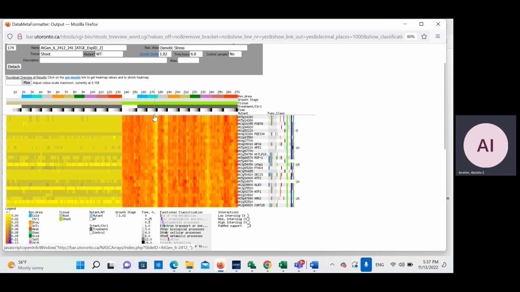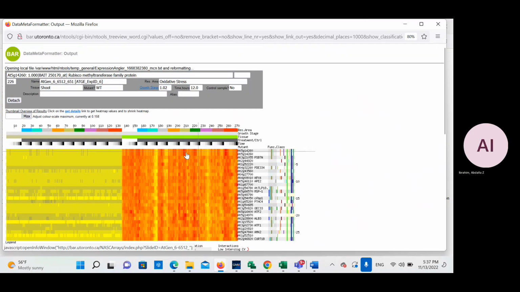I could hover over this one and move from left to right. And it tells you that this is osmotic stress. Let me move up. So this tells you that this is the time. The darker it is, the more time after treatment.